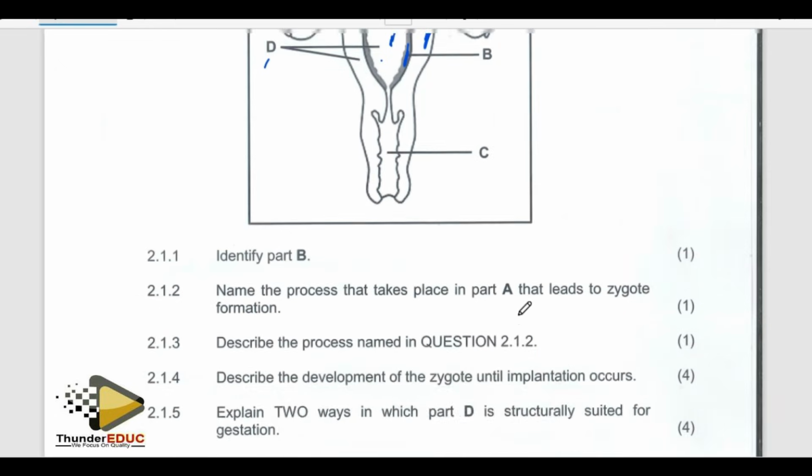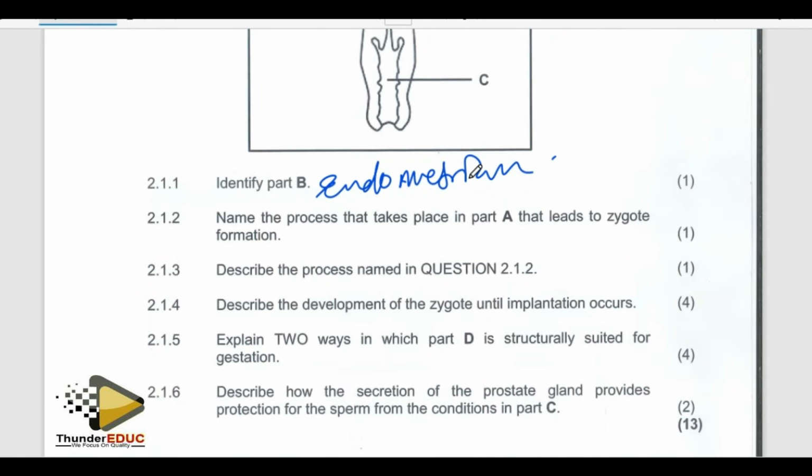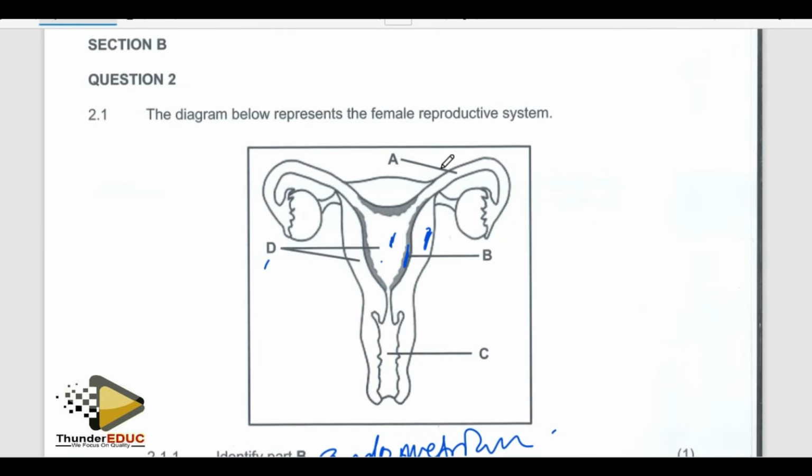All right, let's go to the question and see what they are telling us. First question, they're saying identify B. Obvious, endometrium. Simple. The second question, they're saying name the process that takes place in part A. So what happens in part A is fertilization.